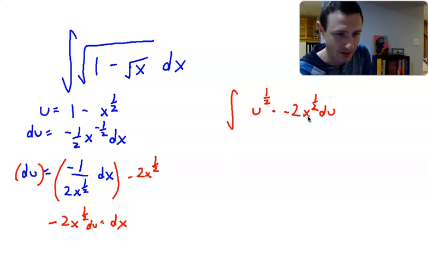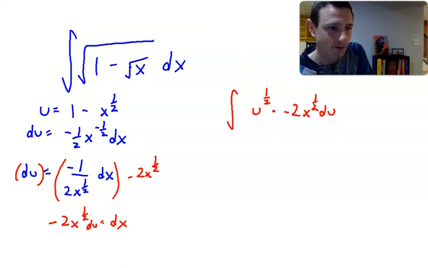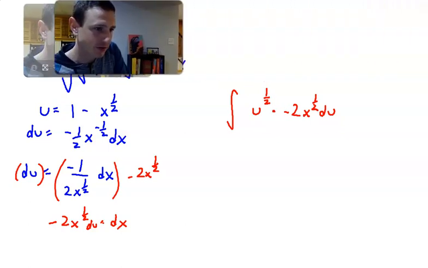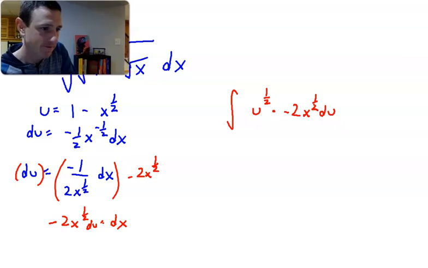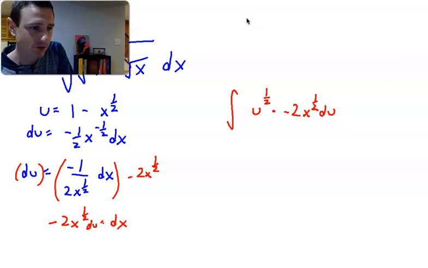I have a u, I have an x, I have a du. I want this in terms of u. What I have to do then is go back to my original u and rework this a little bit. So I'm going to work with my u statement here, and I'm going to solve for x.